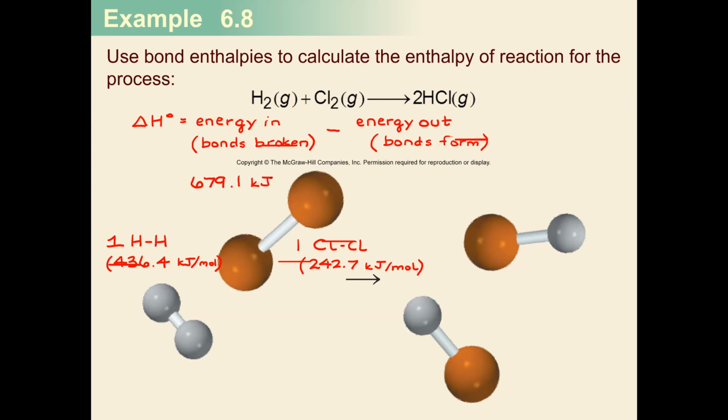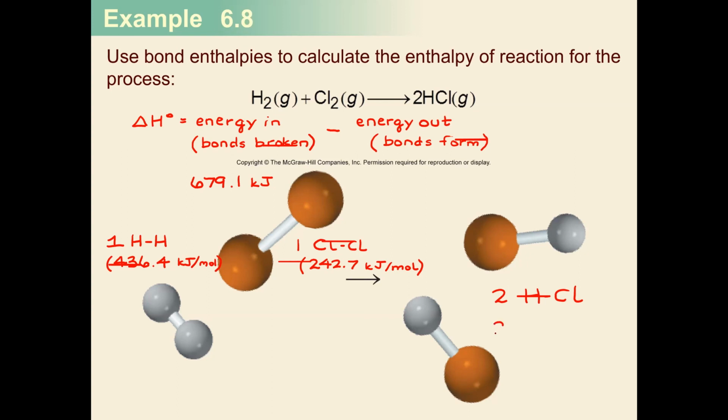So now we have to look at our products. Well, notice that I will form 2 moles of my HCl. So this means that I'm going to have 2 HCl bonds that I need to be concerned about. So this means that I need to look up that value and multiply it by 2.